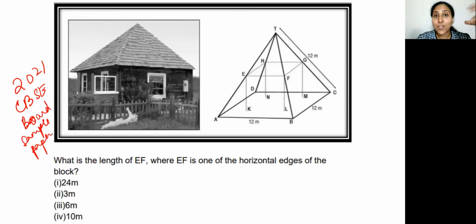So you can see there is going to be a very big influence of international assessments like PISA and even the exams conducted for schools like the GCSE exams, the IGCSE exams. There is going to be an influence of exam patterns and questions from these boards in your coming CBSE board exams.